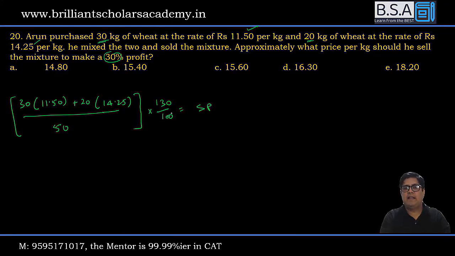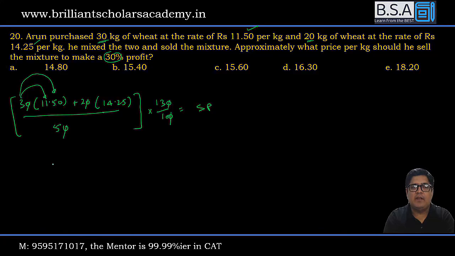So I can easily cancel these zeros. I can cancel these zeros also. They are common here. Cancel. So now you can use a calculator if you need. So I'll multiply this. This is 33 and this is 1.5. So 34 and a half. This is 28 and this is half.